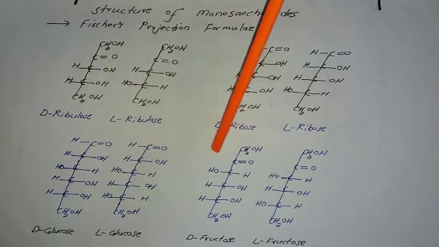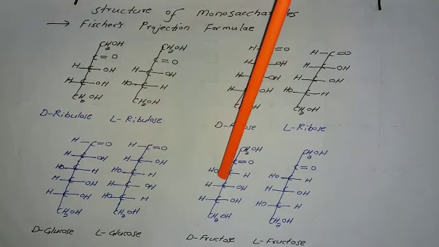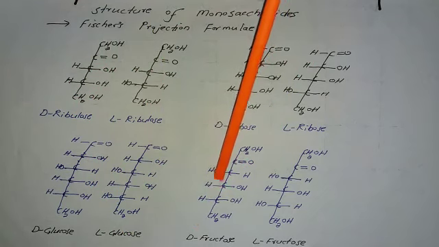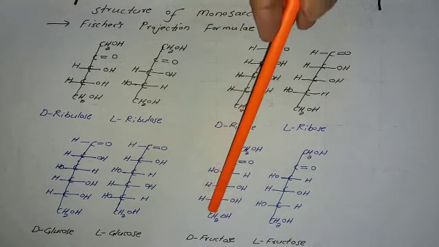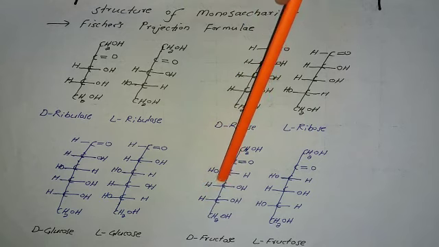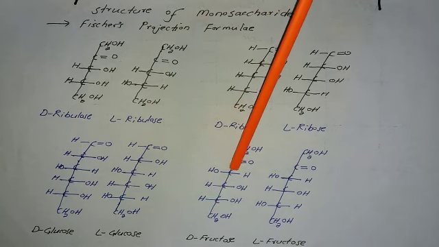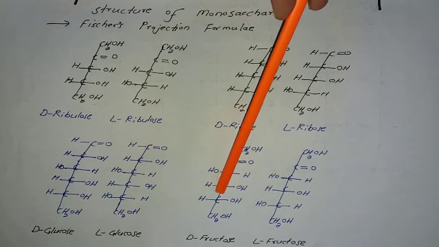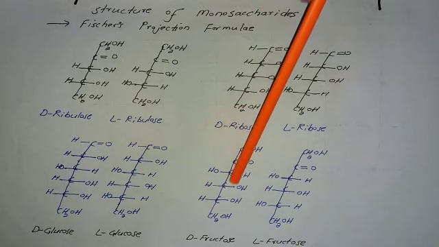Another example of hexose is fructose. In fructose, there are 3 asymmetric carbon atoms: carbon numbers 3, 4, 5. This one is nearer to the carbonyl group, and this one is farthest from the carbonyl group.